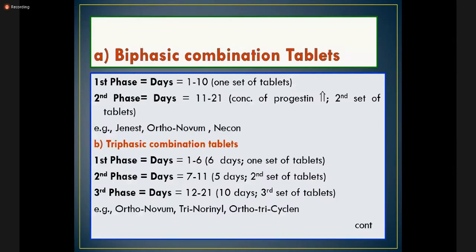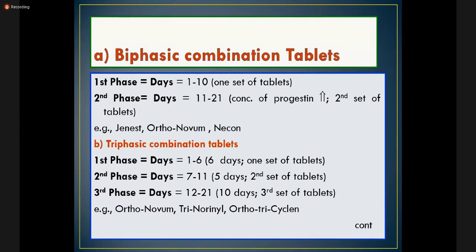Here is the explanation. Biphasic means the first phase, from day 1 to day 10, has one set of tablets, and the second phase, from day 11 to 21, has another. There should be a gap of 7 days to maintain normal bleeding, normal menstruation.